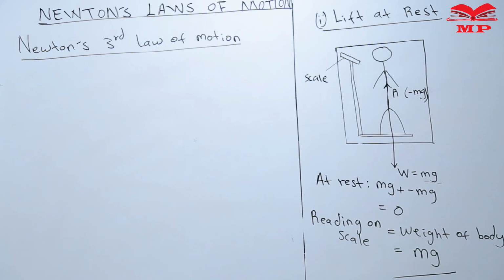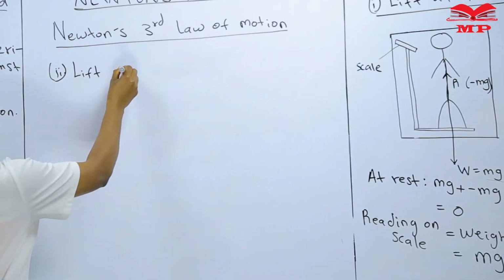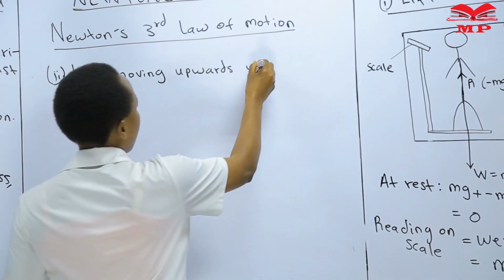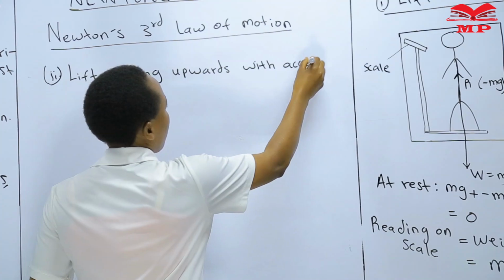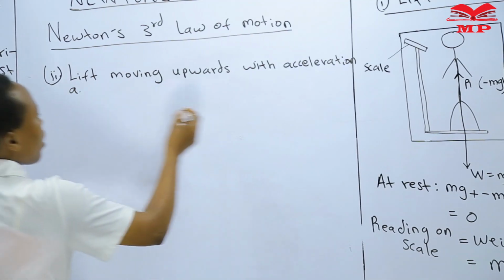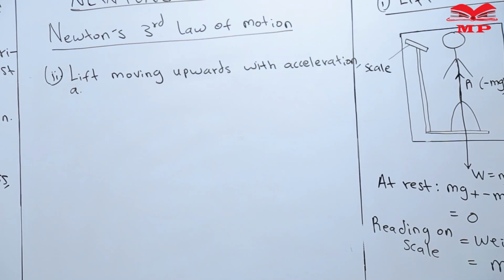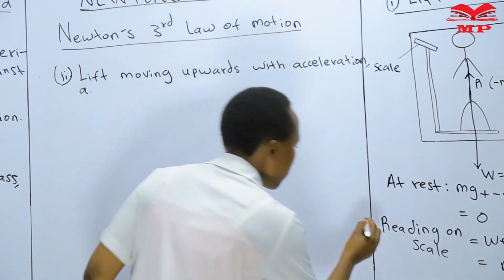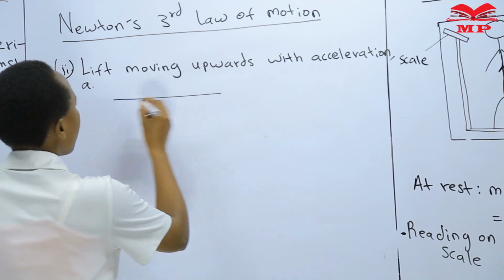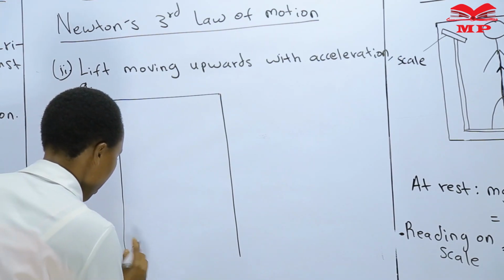So we have number 2, lift moving upwards with an acceleration a. I want us to consider this case and again get the formula for the reading on the scale. Here we have a lift, and in this case the motion is upwards.